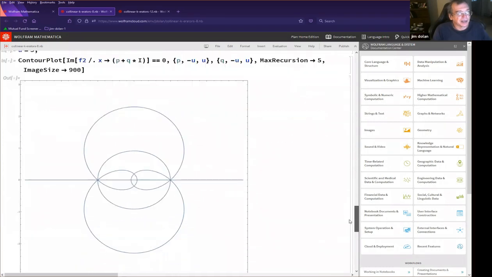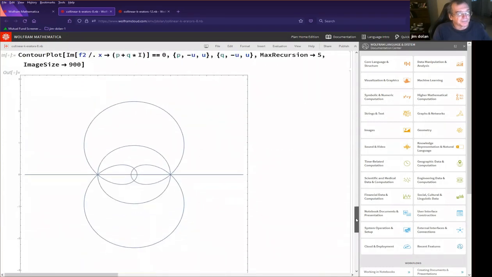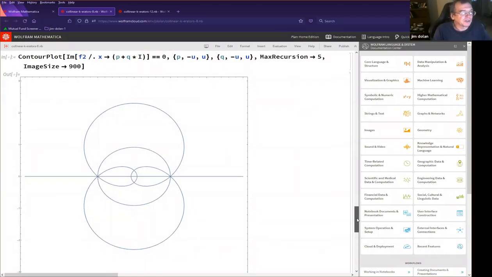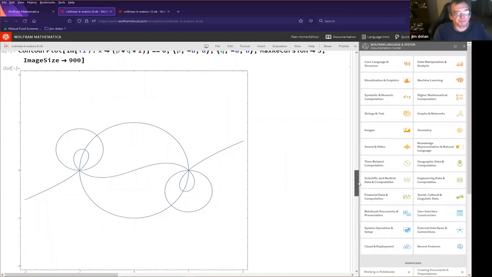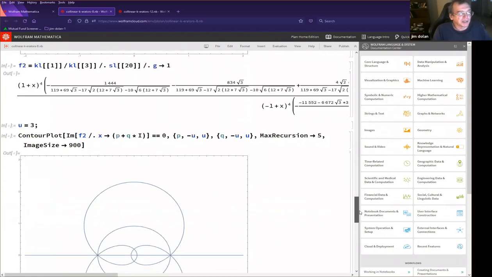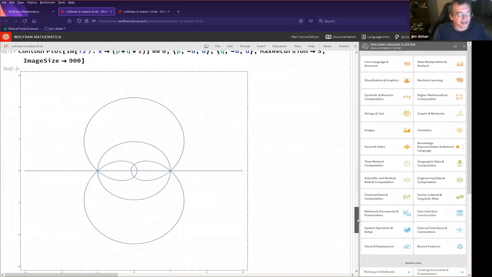So this pair of designs is algebraically equivalent, even though they look very different as pictures. That's again the confirmation of a conjecture of my own.